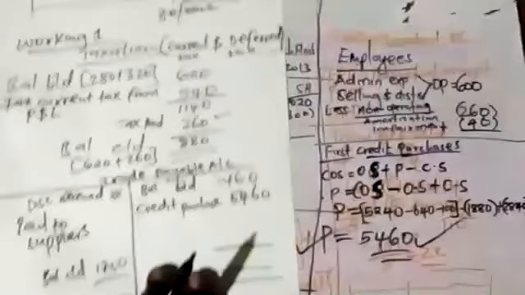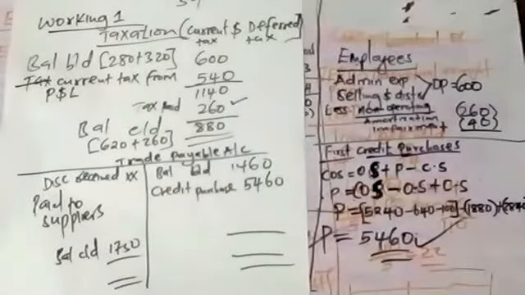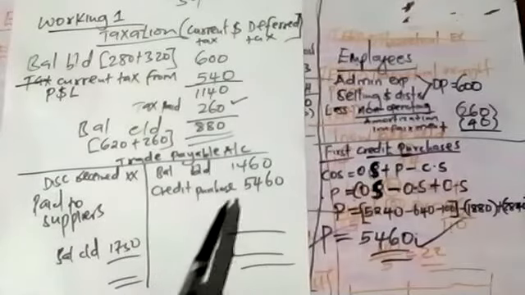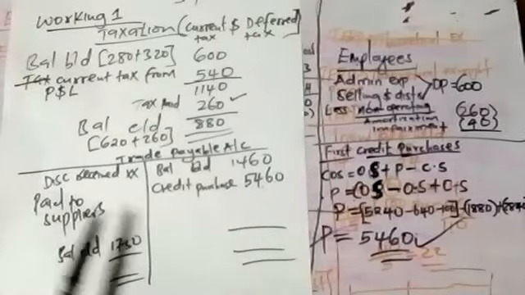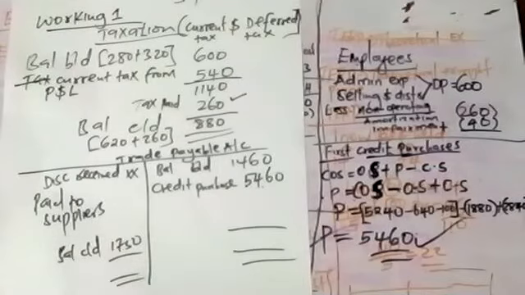So we opened the T account for trade payables. We said balance brought down, balance carried down, and we added our credit purchases of 5460. Then what can reduce your credit balances is, for example, a discount. Finally the balancing figure is what you paid your suppliers, your creditors. The balancing figure is 5170.